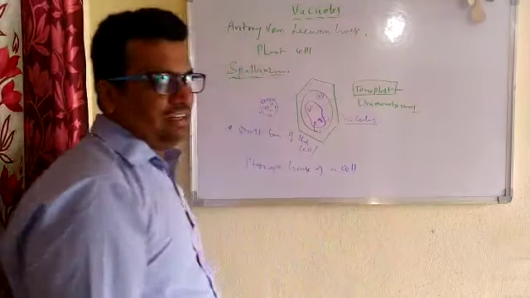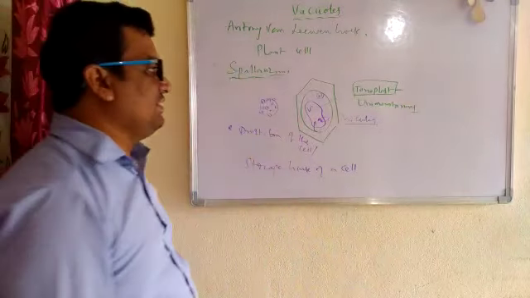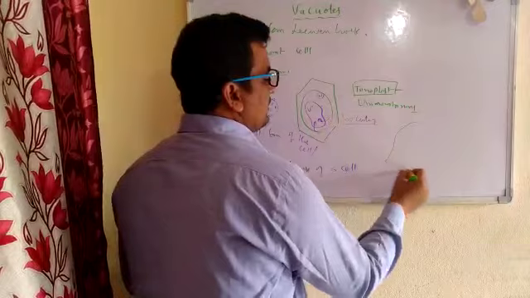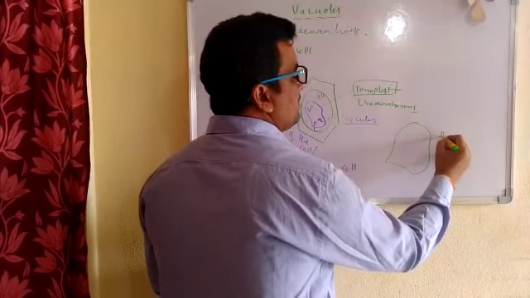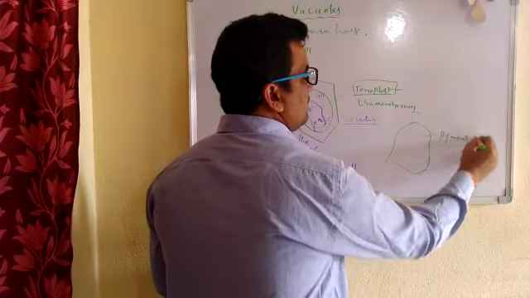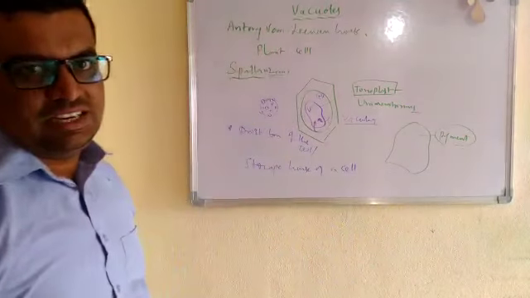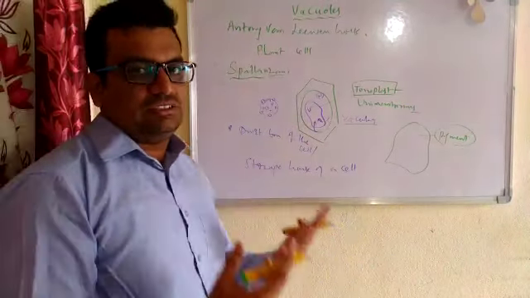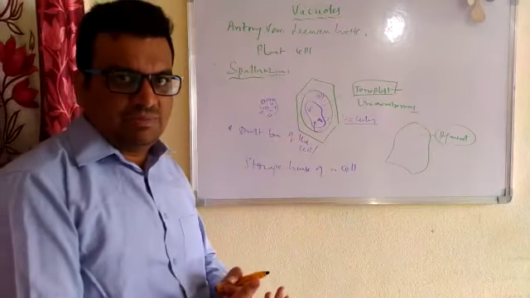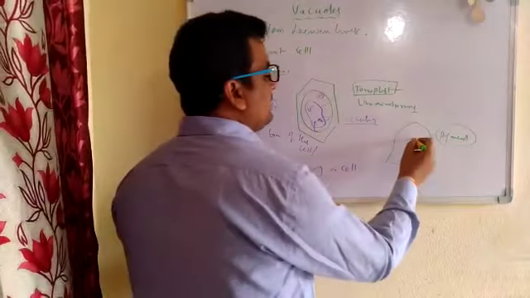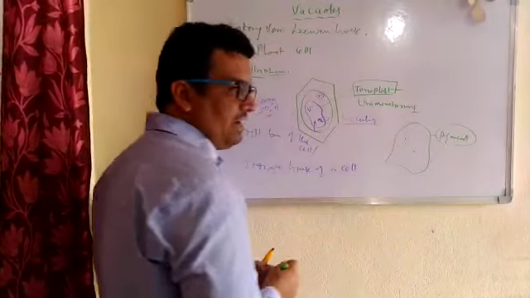Actually, what does it consist of? Vacuoles generally consist of food materials and pigments. What are pigments? Coloring substances, like phycoxanthins. Different kinds of pigments and different kinds of food material are stored in a vacuole.